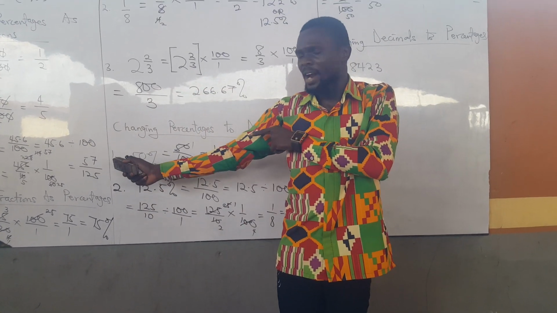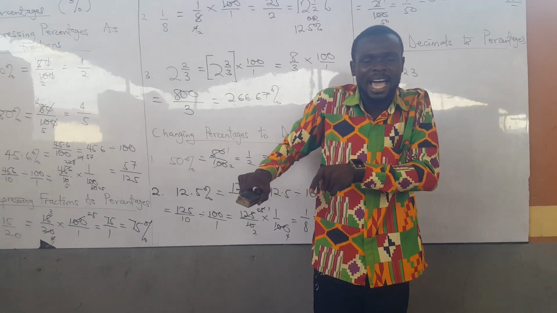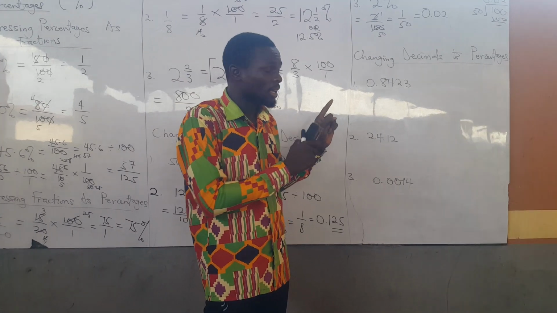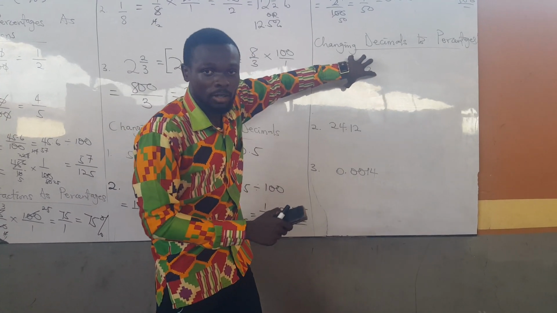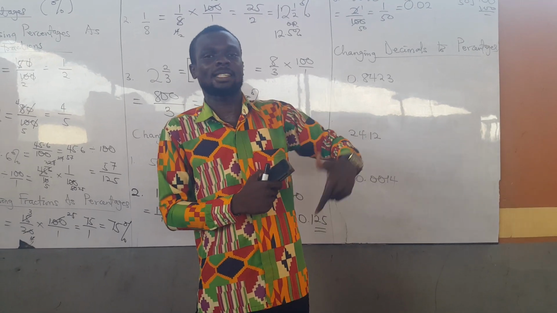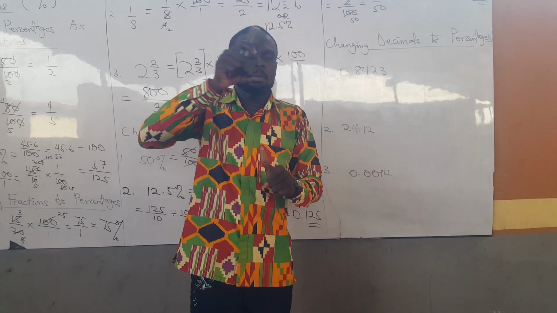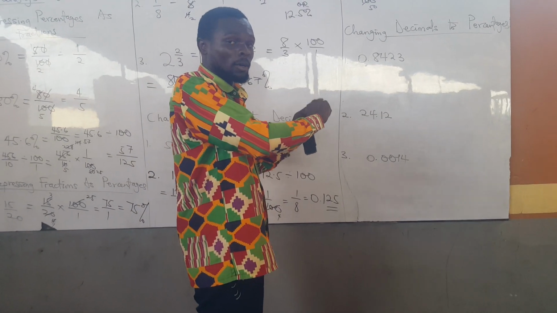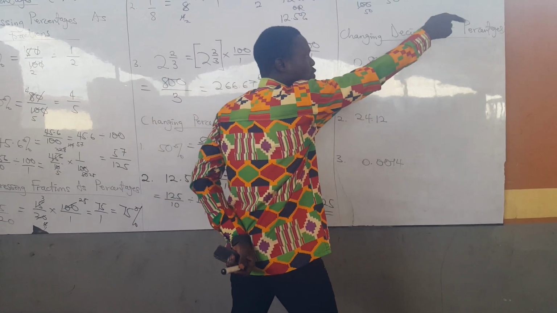When we were looking at the fraction one, we said just multiply it by what? 100. The same thing you have to also do here. If you have the decimal and they've asked you to change the decimal into percentage, just multiply by 100.